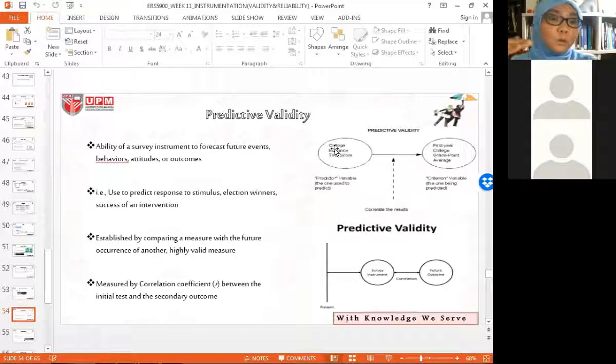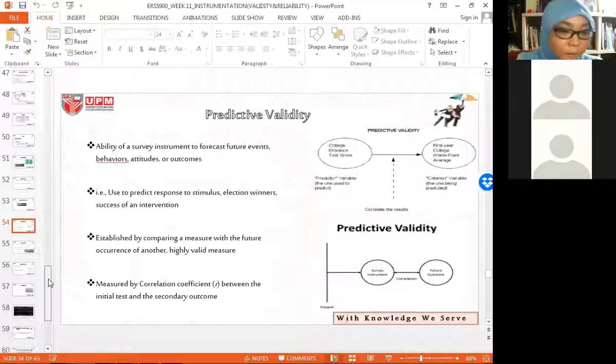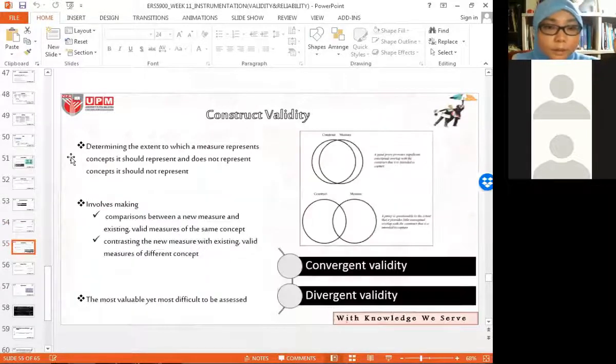So example, for those who score 80 and above in pre-examination exam, during their bachelor degree, they will perform, for example, they will get the dean list every semester. Ini maksudnya. Okay, untuk predictive validity ni. Okay, you use one instrument to measure the future occurrence. Okay, it involve two different instrument later. Okay, that's one for predictive.